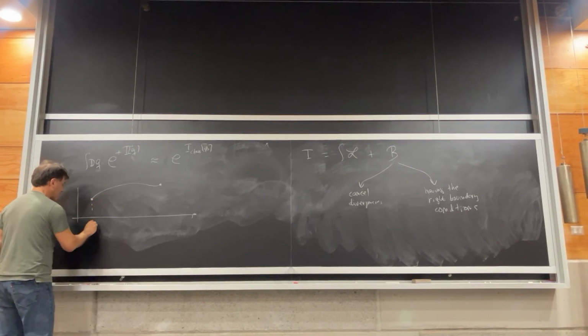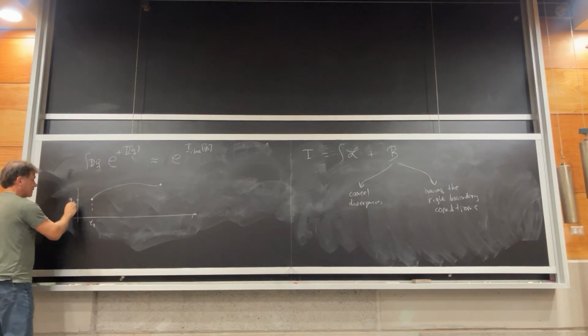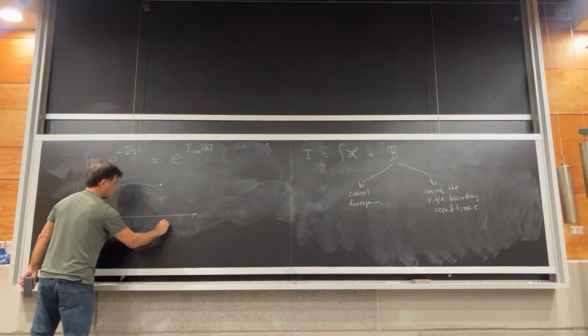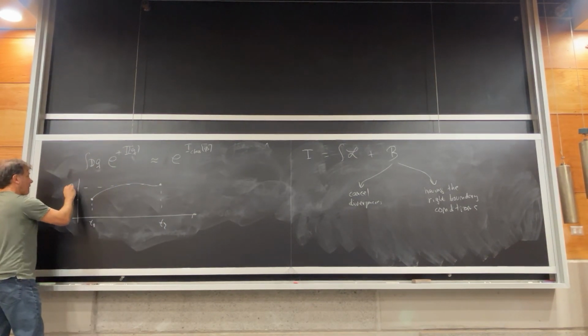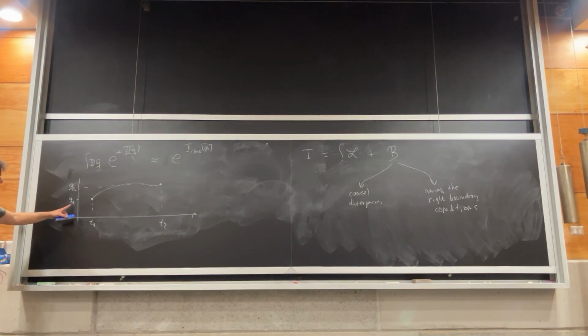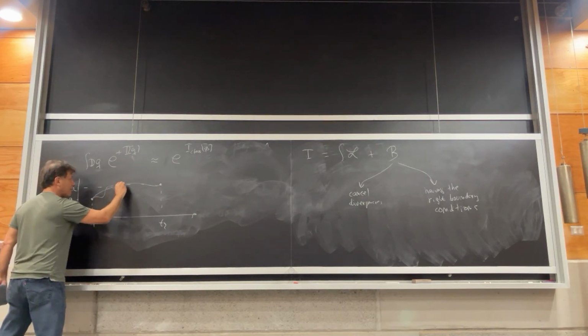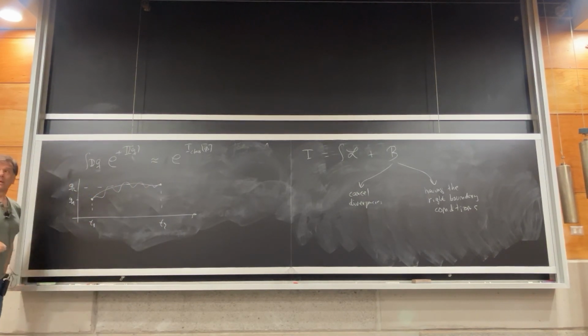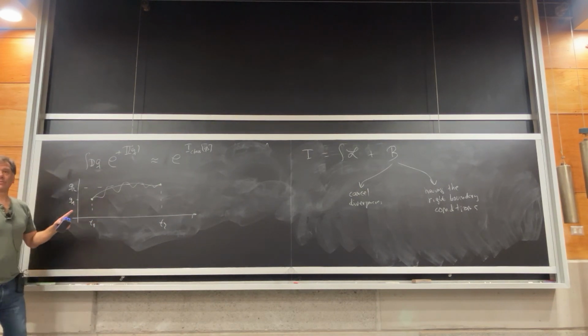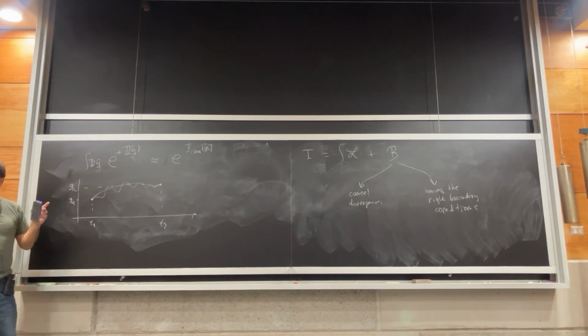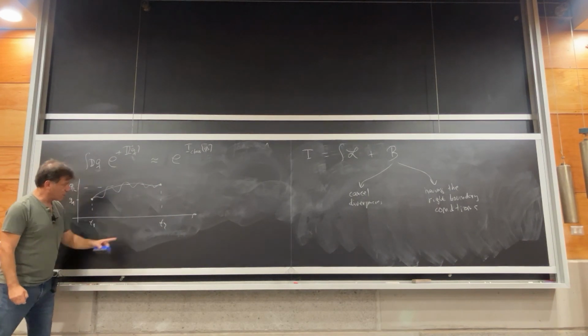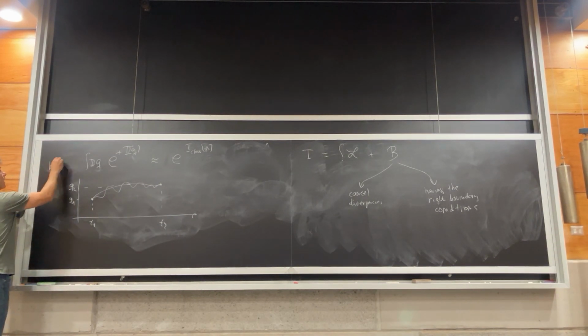What you say is that at time T1 the system has position Q1, and at time T2 it has position Q2. Then you compare different histories with those two points fixed, and that gives you the extremum of the action. So Q1 and Q2 are fixed at the times T1 and T2. And this will give you the amplitude going from Q1 to Q2.